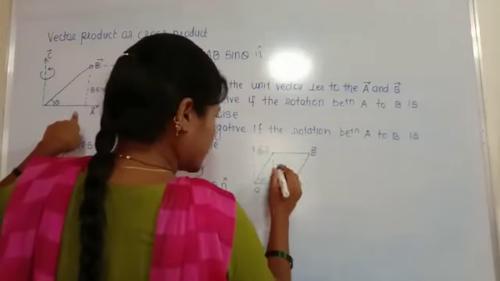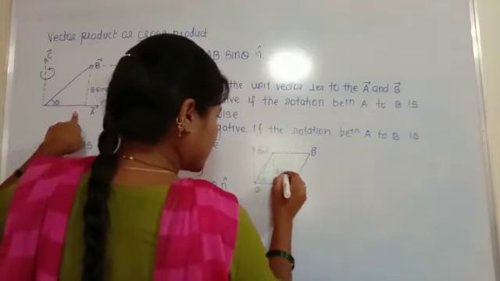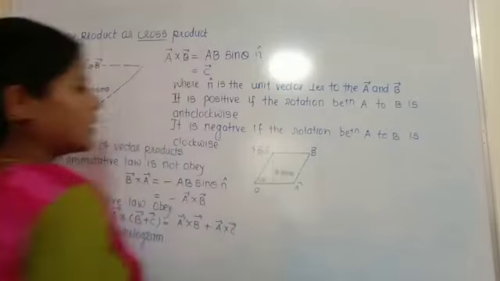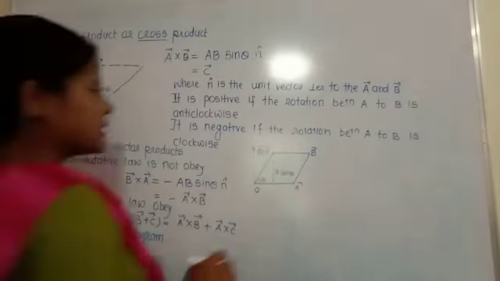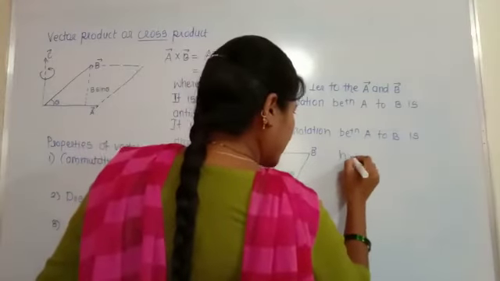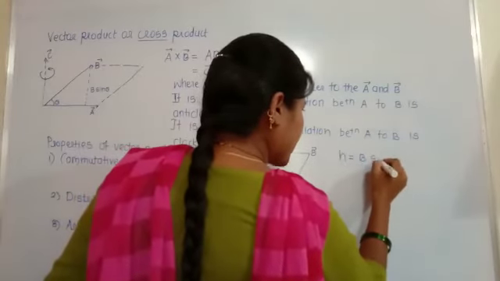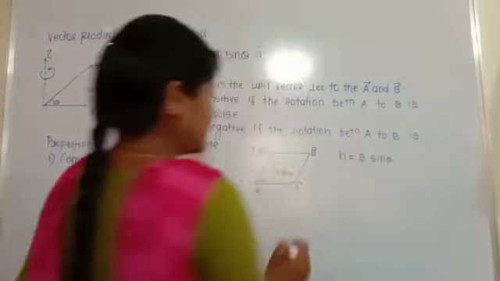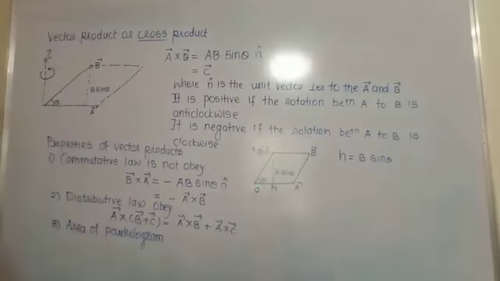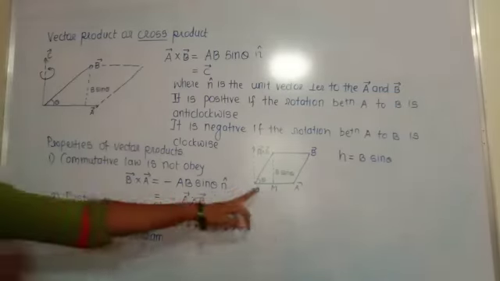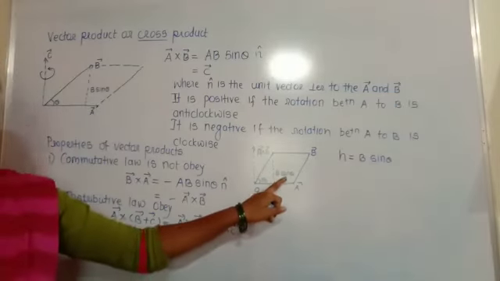So this is the vertical component, that is B sin theta. By using this diagram, we can find h. So the height h is equal to B sin theta according to the diagram. We draw the perpendicular and we get M. This is the height of the parallelogram, that is B sin theta.